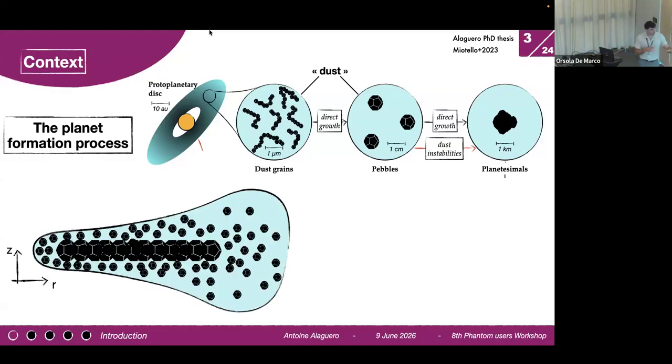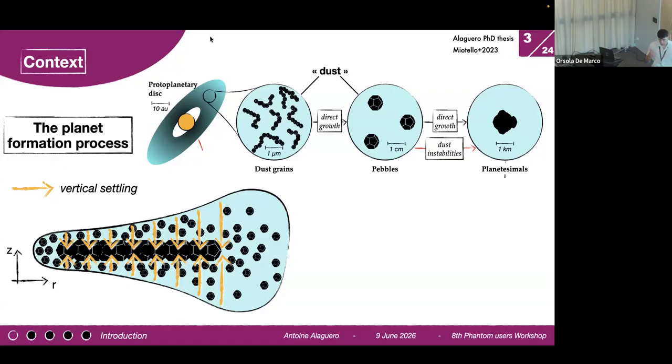And have a look at where the dust grains are located in the disk. So you see here an edge-on view of one disk, and basically you have little dust grains everywhere. The biggest grains are located in the midplane of the disk. And this is because the gas wants to rotate at the Keplerian frequency around the central mass, but because of pressure forces, it orbits at a slightly lower velocity.